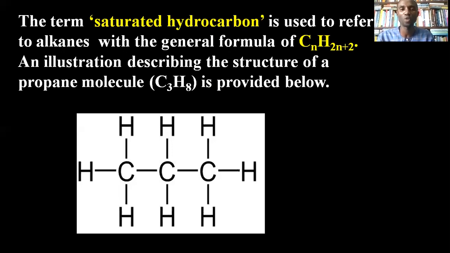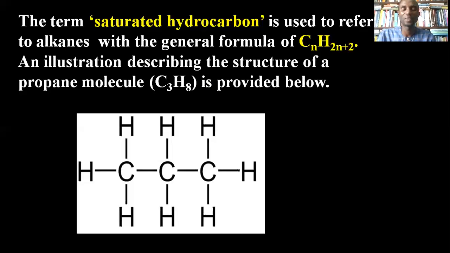There is no double bond on it, and that is what we mean by saturated hydrocarbon. It's filled up with single bonds in attachment to hydrogen. So the picture below shows what we mean by saturated hydrocarbon.